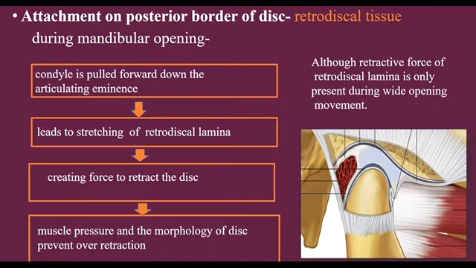The muscle pressure and the morphology of the disc prevent over-retraction. The retractive force of the retrodiscal lamina is only present during wide opening movement. The superior retrodiscal lamina is the only structure capable of retracting the disc posteriorly on the condyle.